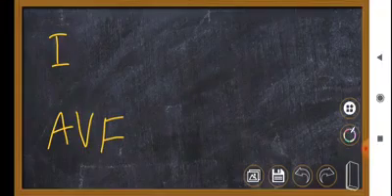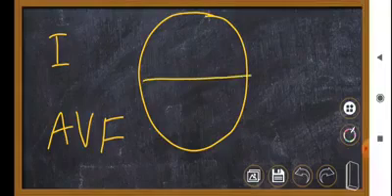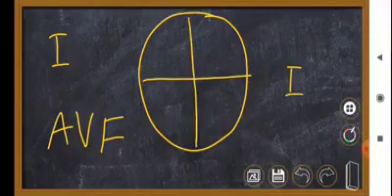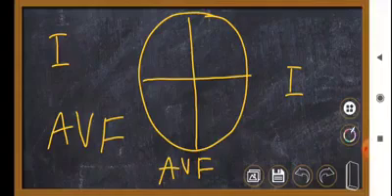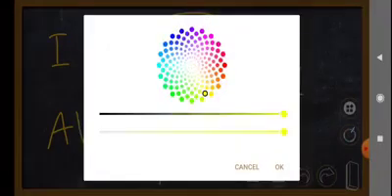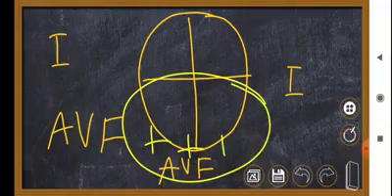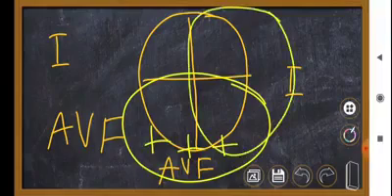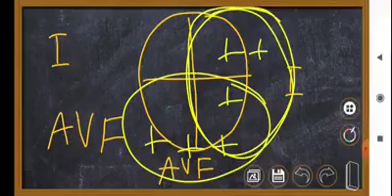And in this circle we plot the horizontal line as lead 1 and the vertical line as AVF, which has positive direction on the lower side, and lead 1 will be having the positive direction on the left side.